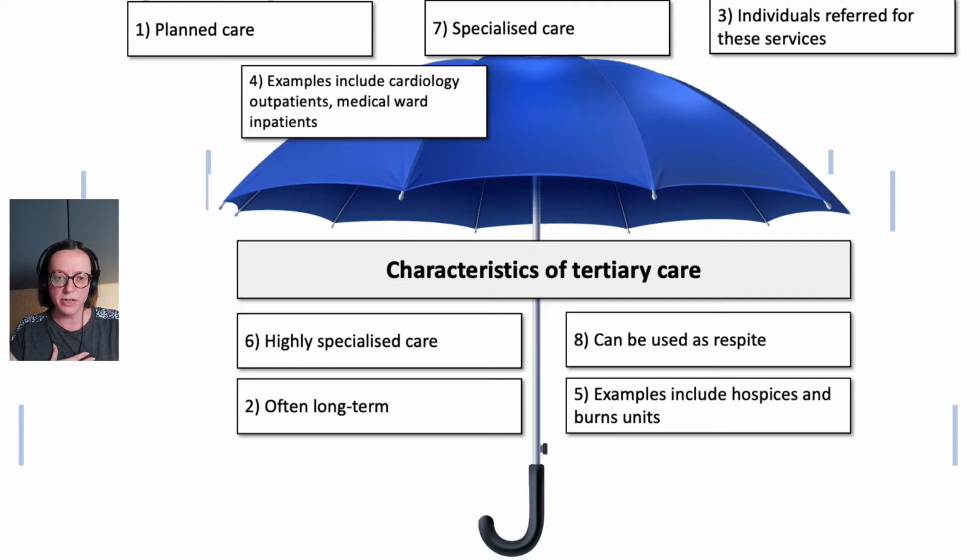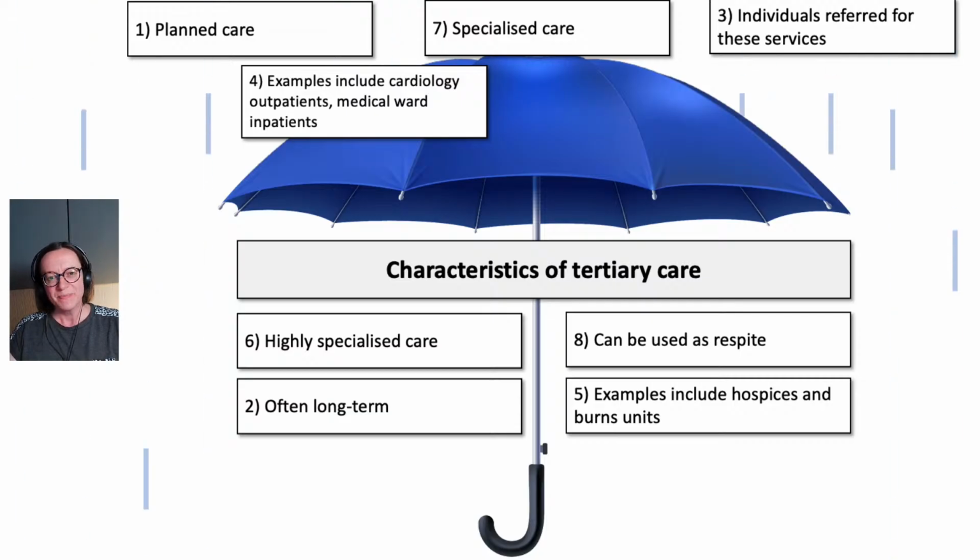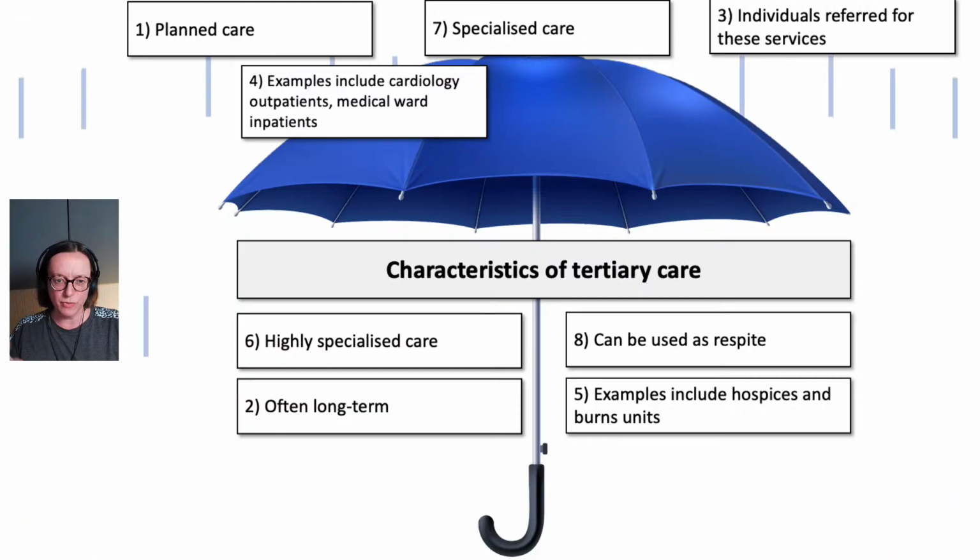You might see a cardiovascular specialist nurse. And then medical wards for inpatients. Inpatients are people that spend an overnight at the hospital, which is why they're called inpatient. And then planned care. So secondary care is planned care because you've been referred there for something.